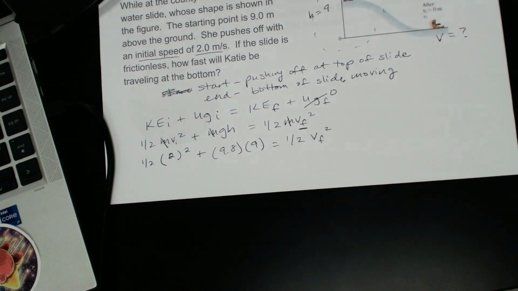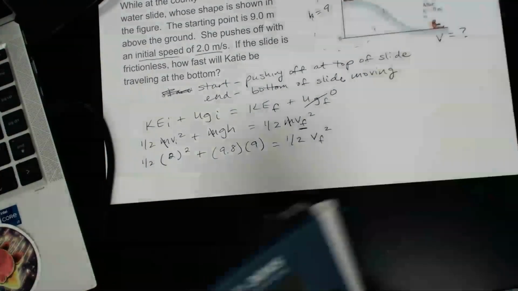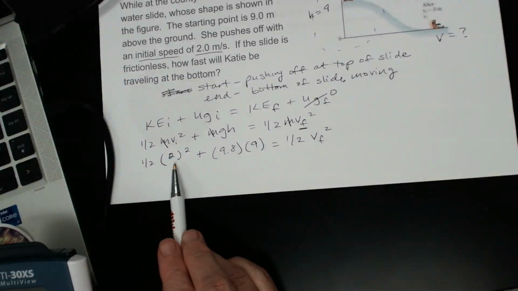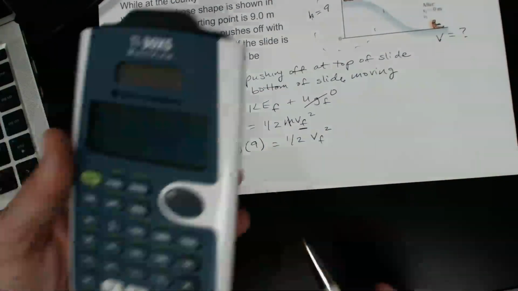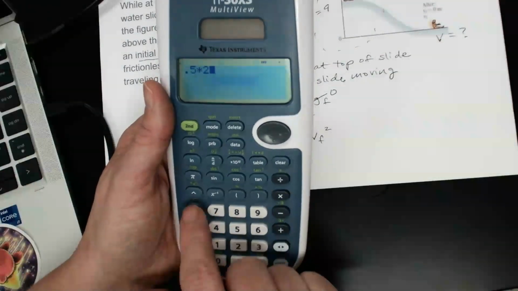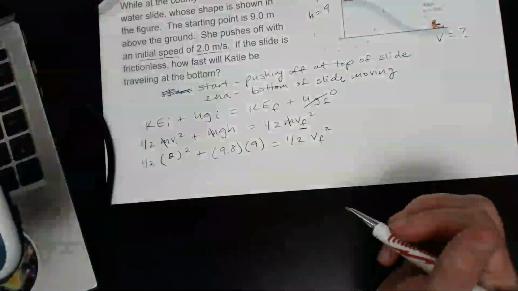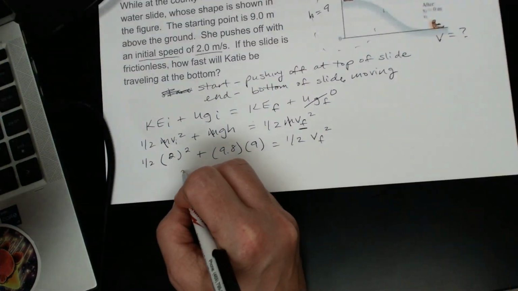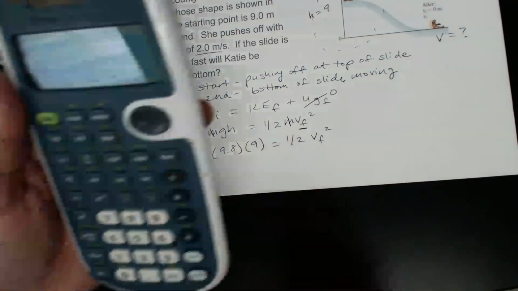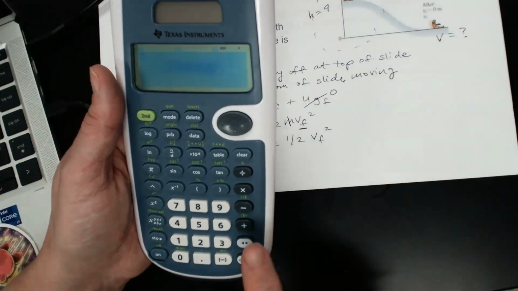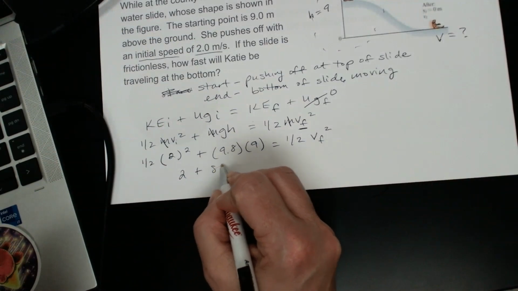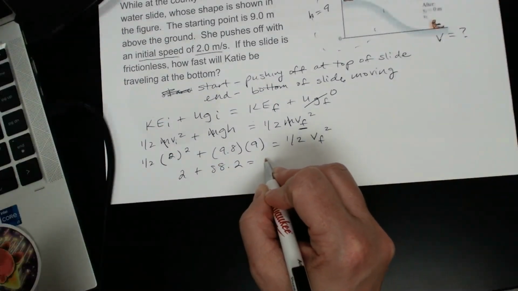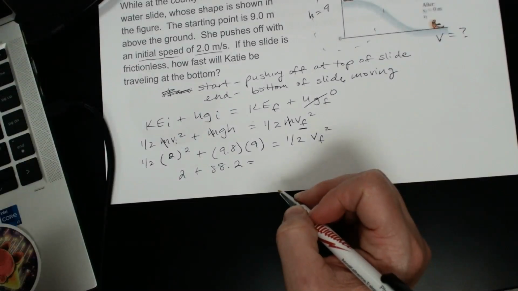So now I'm going to do some simplifying. I've got 1/2 times 2 squared, that's going to give me 2, plus 9.8 times 9. I got 88.2 there.